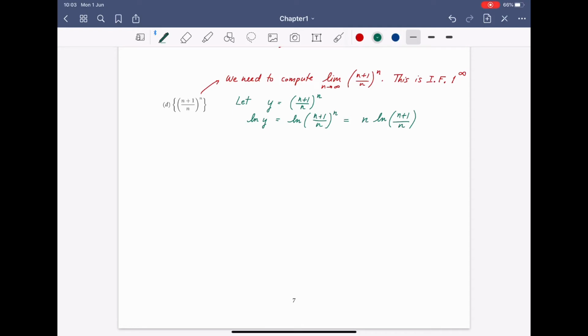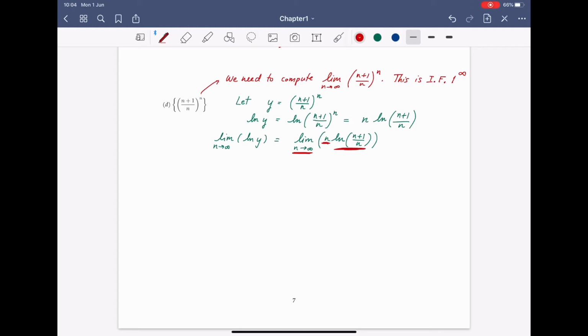Alright, and then after that, if I take the limit on both sides, I have the limit as n goes to infinity of log y equal to the limit of n times log of n plus 1 over n as n goes to infinity. Here, if you replace n with infinity, you have infinity times log of 1, which is 0.